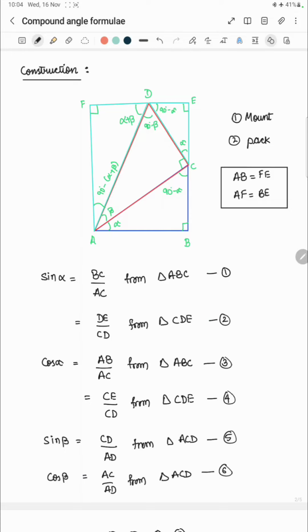And what about the cosine of beta? Adjacent side AC by hypotenuse AD, so AC by AD. We have these 6 equations from this single construction or this single picture. Okay, moving ahead.